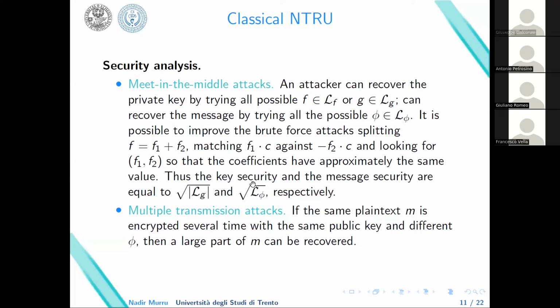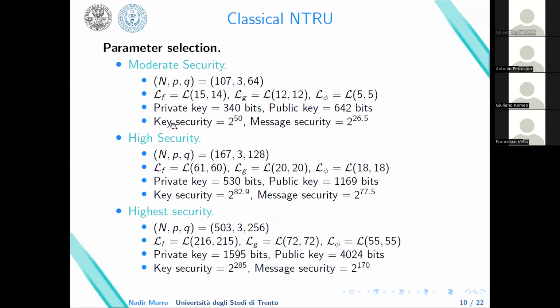In this way, essentially, you can improve this attack a little. And in this case, the key security and the message security are equal to these values that are exactly these levels that I have shown in this slide.